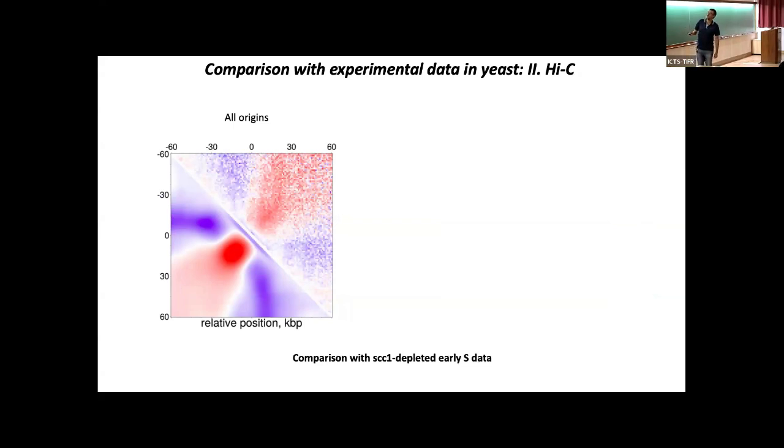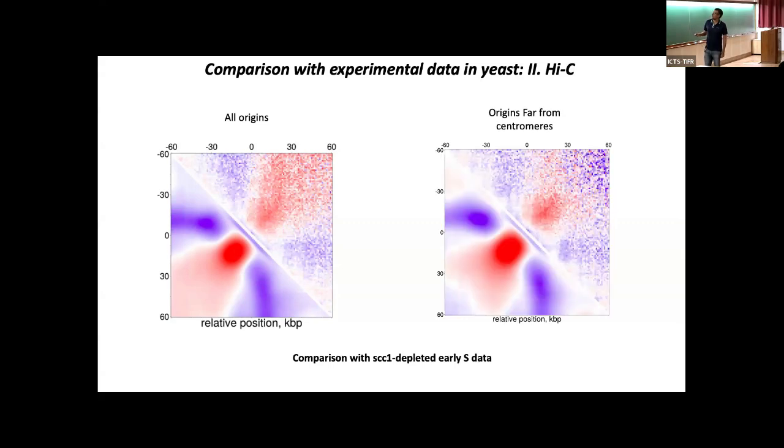So now if you put the two things together, that's the prediction at the time that corresponds to the experiment. This is the experiment. And this is when we pile up all the origins together. This is when we pile up all the origins that are far from centromeres. You can see that at least qualitatively in the shape, this is quite representative of the experiment.